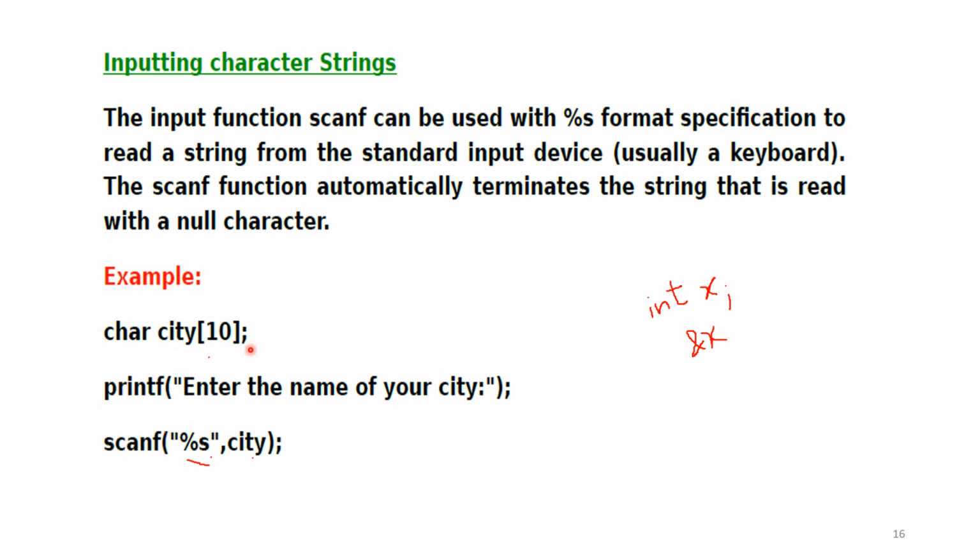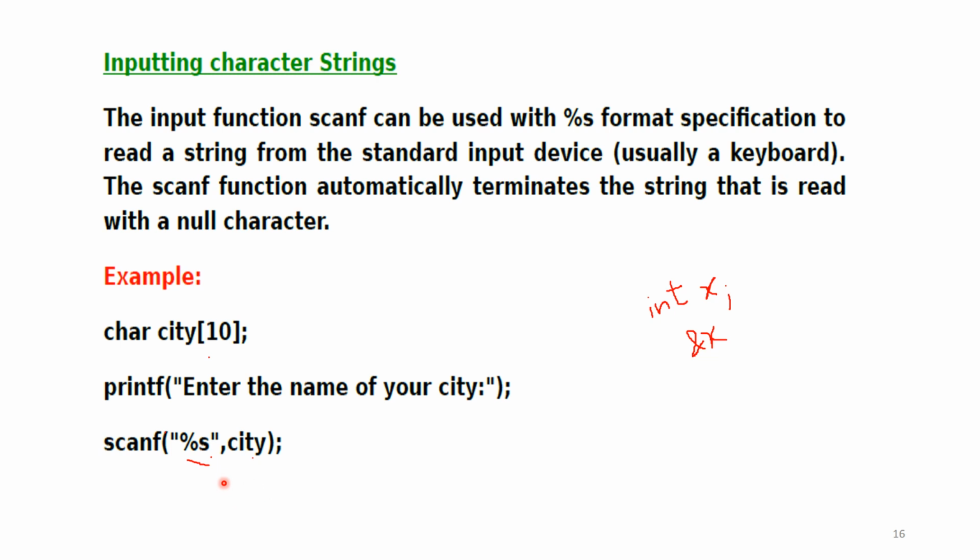City is a character array. This program segment reads the city name you enter through the keyboard and assigns it to the string variable city. City is declared as a character array. The type of the character array is character data type.